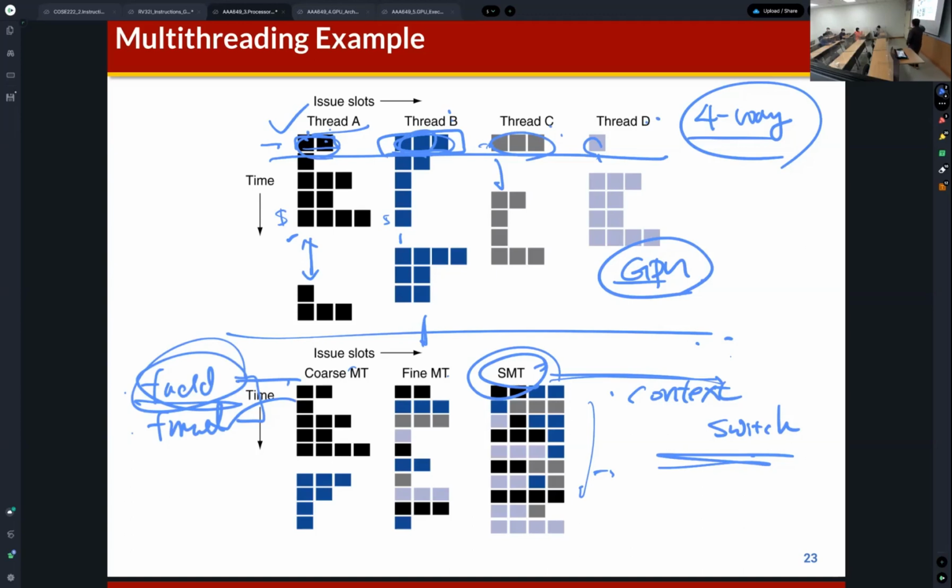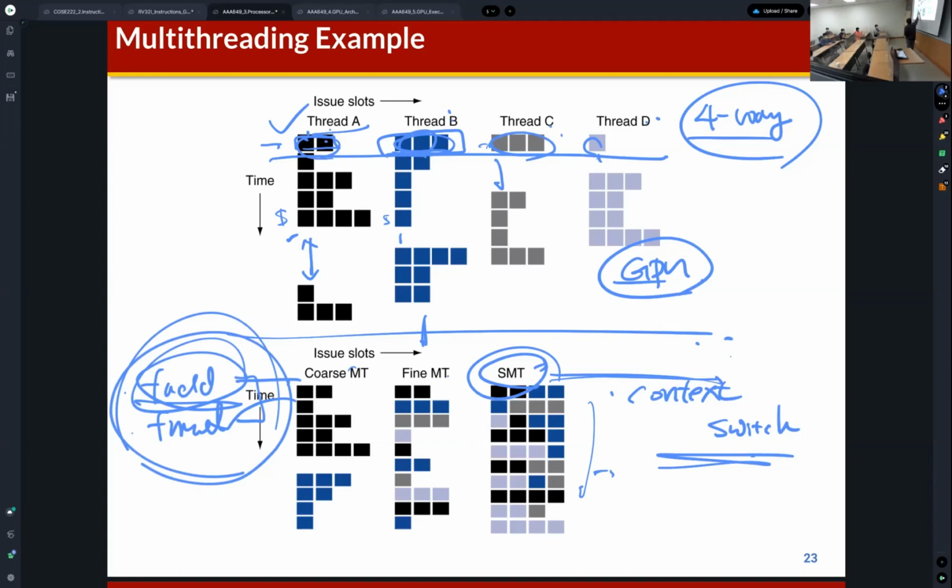With coarse-grained multi-threading, the thread context switch is performed when a thread executes a load instruction and the event of the load instruction is a cache miss. But how about this? With coarse-grained multi-threading, you cannot find available instructions that can go between this floating point add and floating point multiplication.